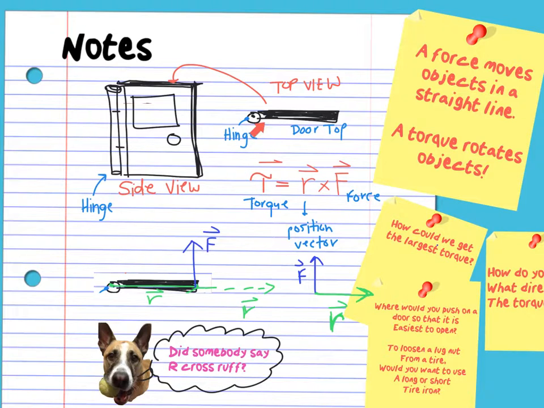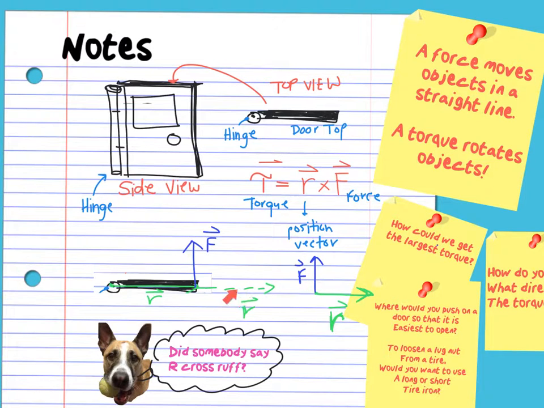Well, you can get the largest torque by having the largest position vector, sometimes called the moment arm or the lever arm, depending on your textbook. The bigger this value, the bigger the torque, and the bigger the force, the bigger the torque.